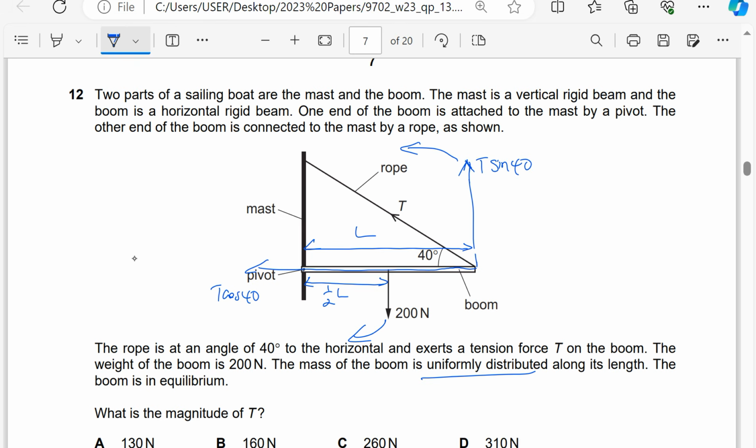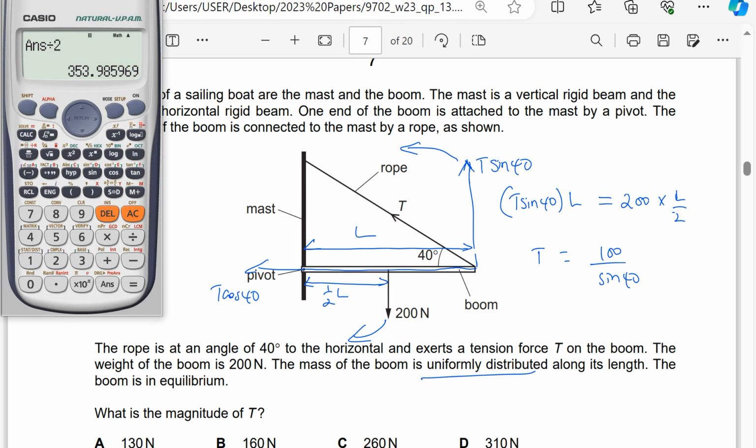So taking moments about the pivot, I will say that the T sine of 40, that is the force, times its perpendicular distance, which is L, should be equal to 200, that is the weight, times its perpendicular distance, which is L over 2. So L has cancelled, and T is going to be equal to 100 divided by sine of 40.